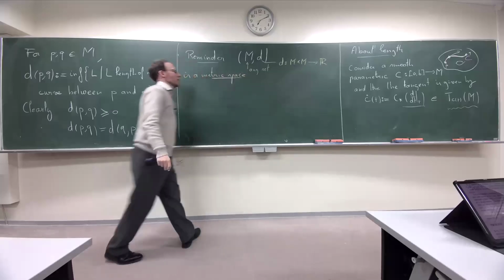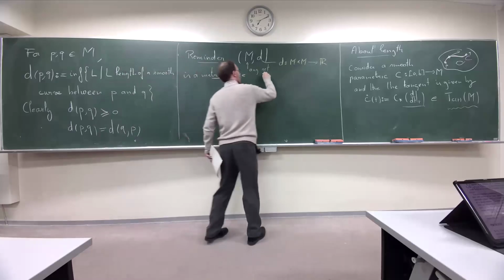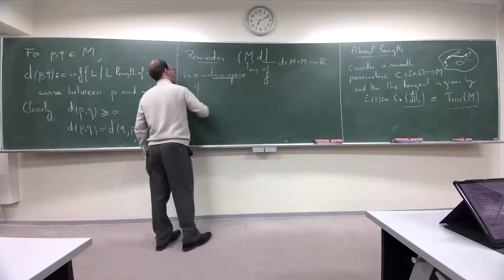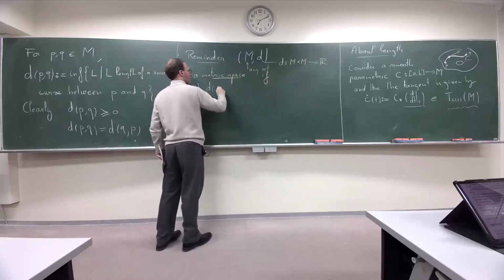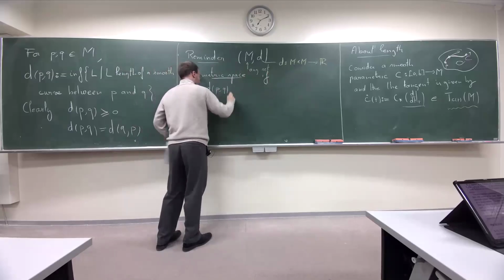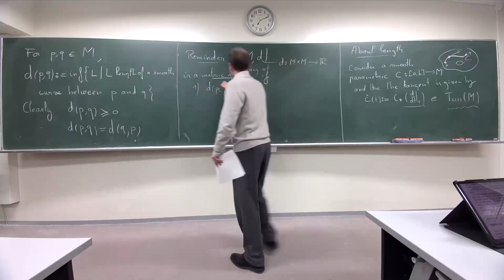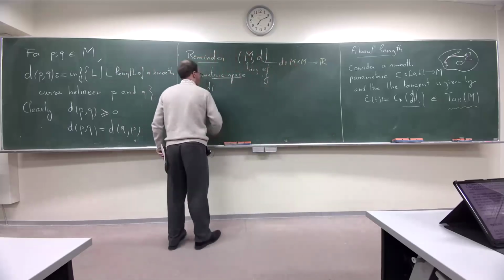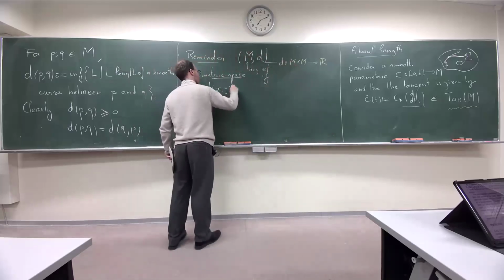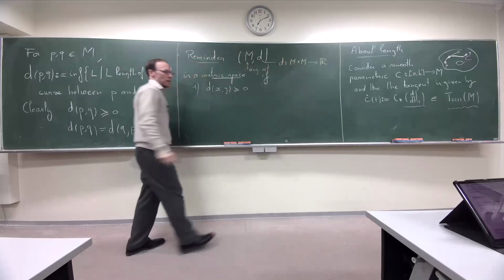I give you a definition with four conditions. First, maybe I don't use P and Q because this is just abstract, so I can use X and Y: D of XY has to be bigger or equal to 0.